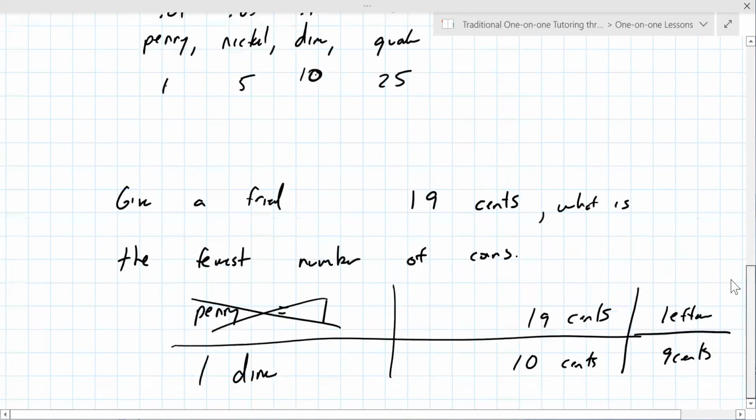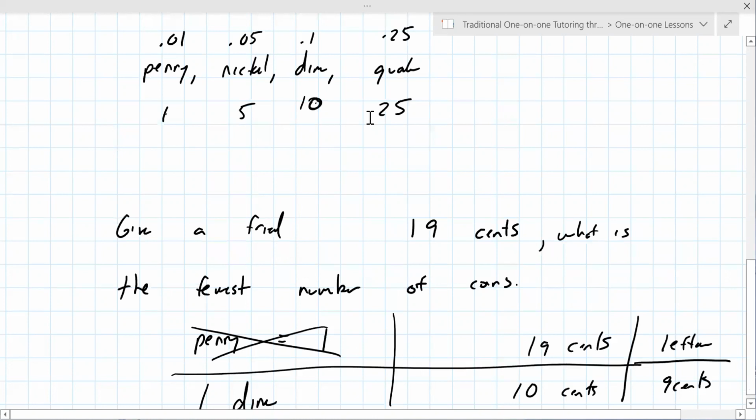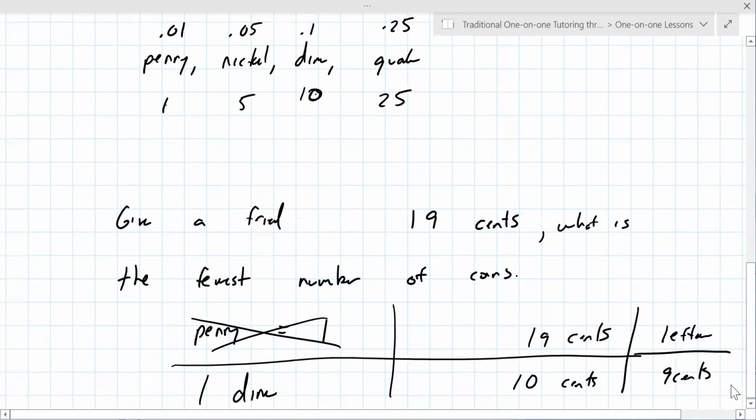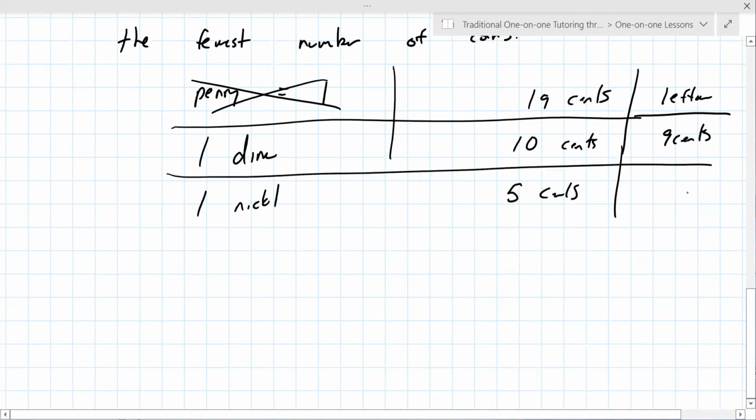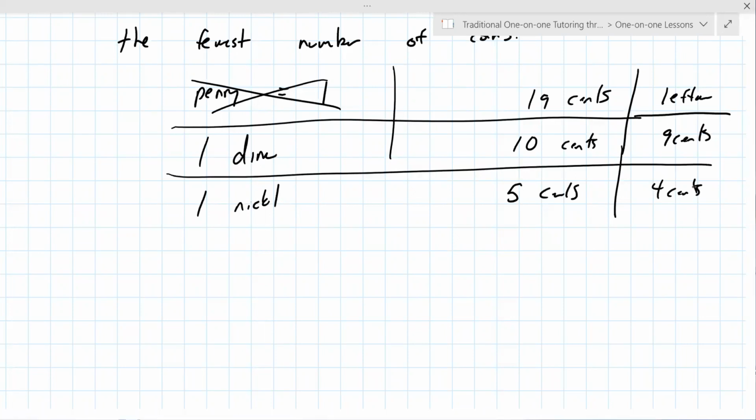What's the largest coin that goes into 9 cents out of these? A nickel. Very good. So 1 nickel is 5 cents, and that means we have left over now 9 minus 5, 4 cents.